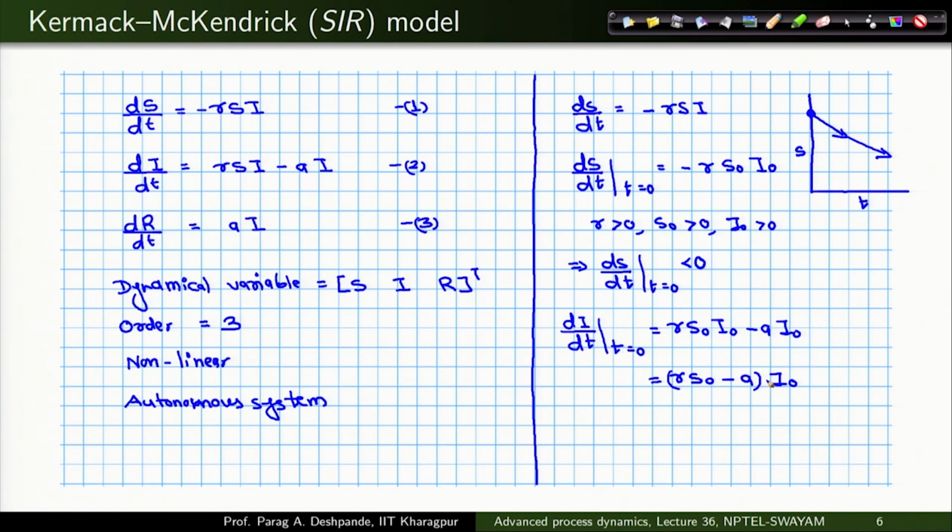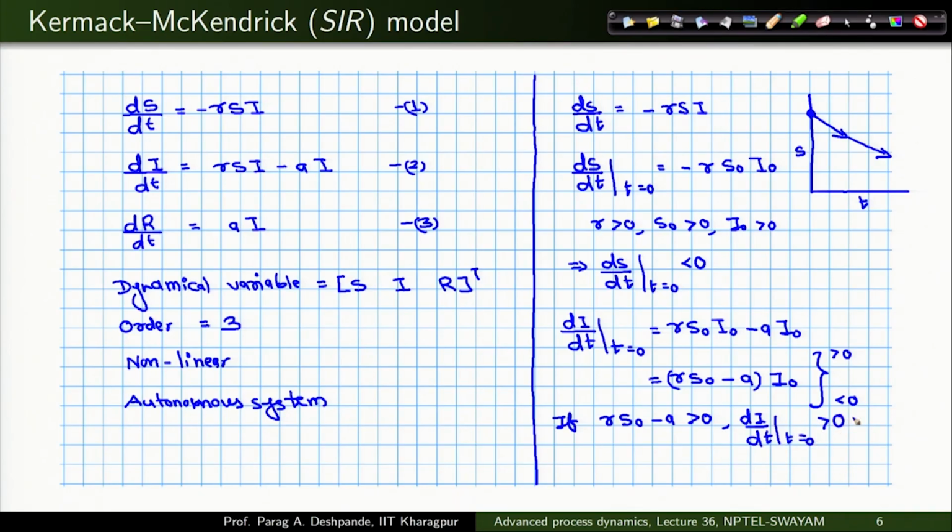Now, the product has to be either positive, greater than 0 or less than 0. I cannot say anything about them at this point of time. I know that I0 is always positive. So, therefore, if r S0 minus a is greater than 0, my dI/dt at t is equal to 0 would be greater than 0.